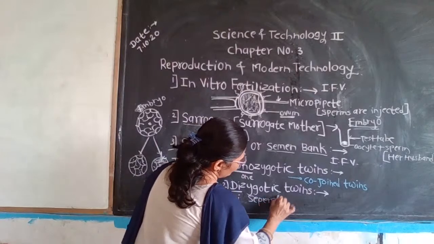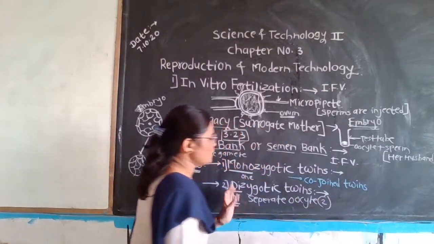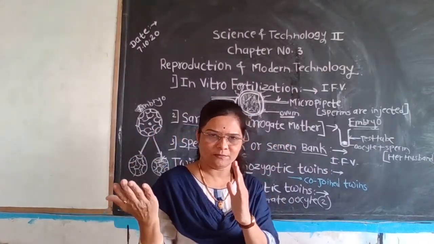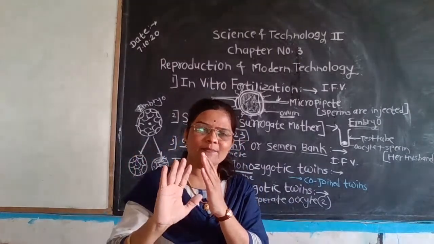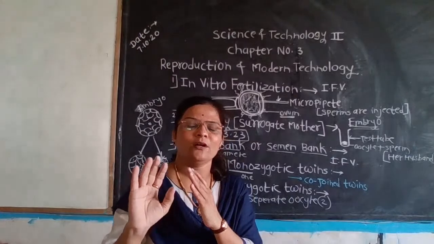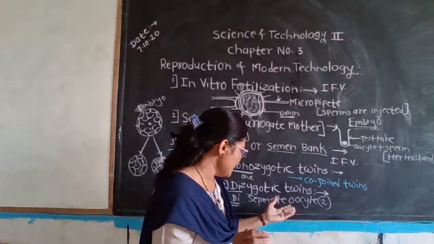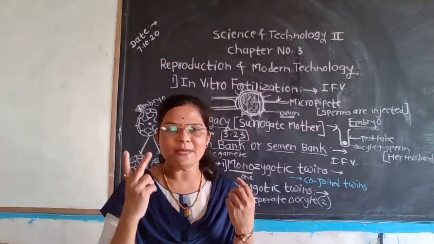Two separate oocytes unite with two separate sperms coming from the vaginal passage up to the fallopian tube, and fertilization takes place, and that is why they are called dizygotic twins.